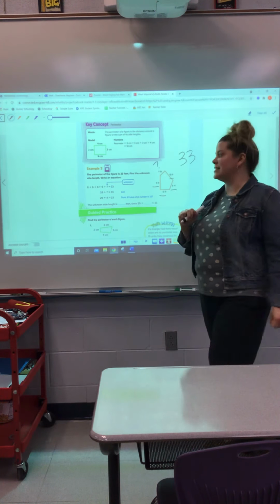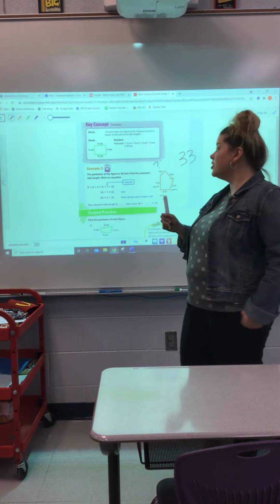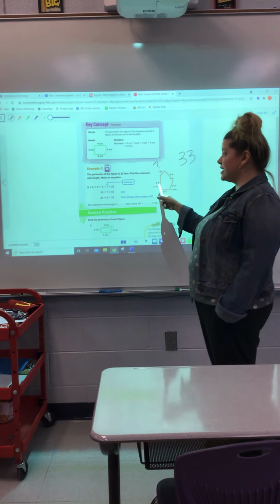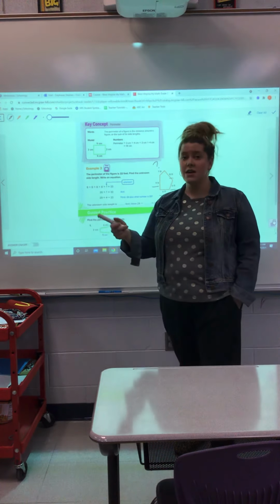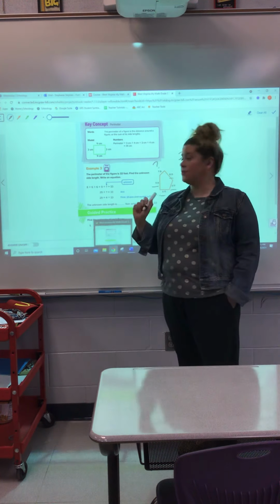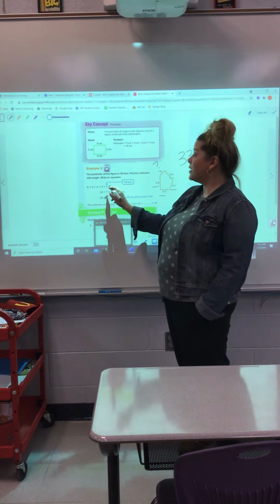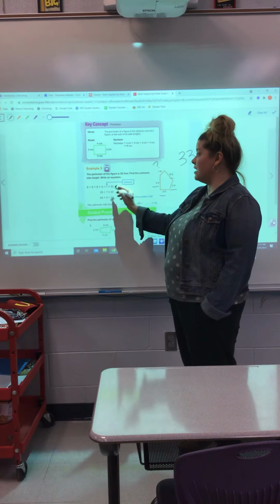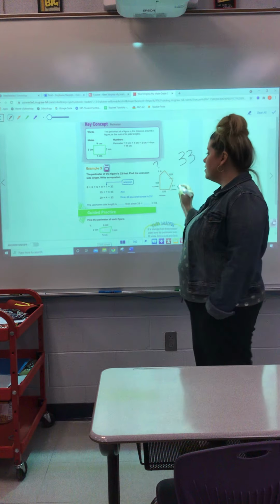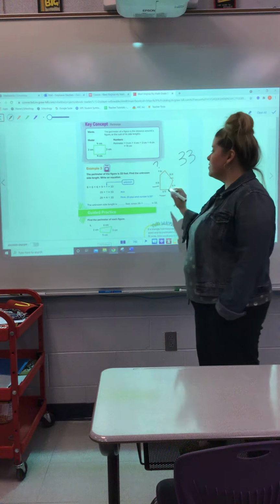I don't know how long that side is. So the first thing we need to do is add 8 plus 6 plus 6 plus 9, okay? And if we add those numbers together, that gives me 33. Or I'm sorry, if we added those together with our missing side, it would give us 33. So what we need to do is add those numbers without our missing side.